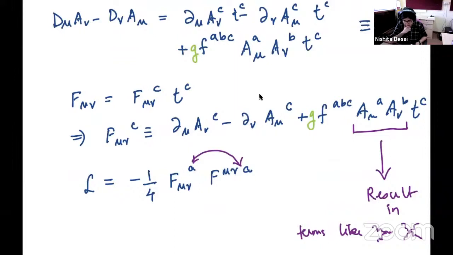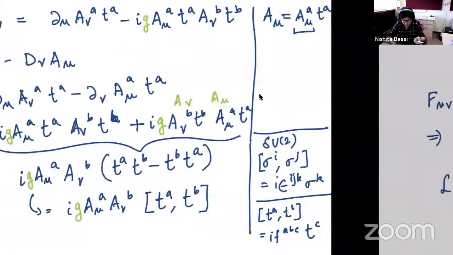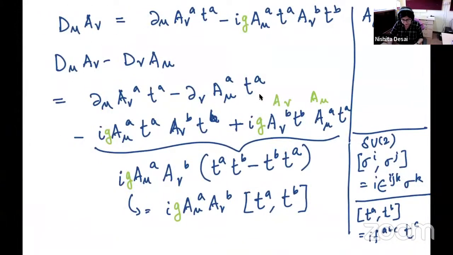So the idea is simply this. When you write down your Lagrangian for these gauge bosons, what you have is because of the fact that the generators of this group do not commute. When your transformation was just the exponent of a number, you could just commute it. But here, because it's an exponent of a matrix, you cannot commute the two matrices.